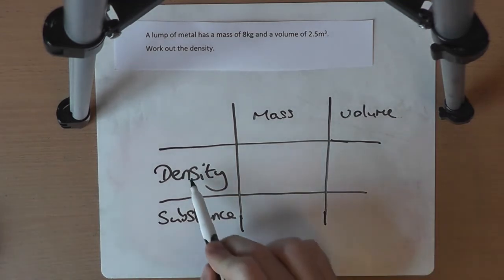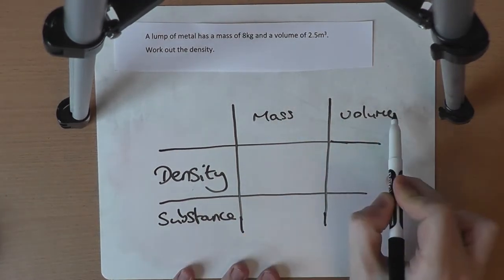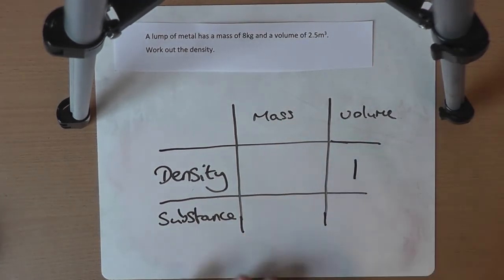The density is the mass when the volume is 1. And it turns out we can put the 1 in that top right-hand box once again, because it's exactly the same table as with speed, it's just that we've got slightly different labels in it. The density is the mass, the amount of stuff that's there, the grams or kilograms, when the volume is 1. When we are looking at 1 centimetre cubed, 1 metres cubed, or whatever.